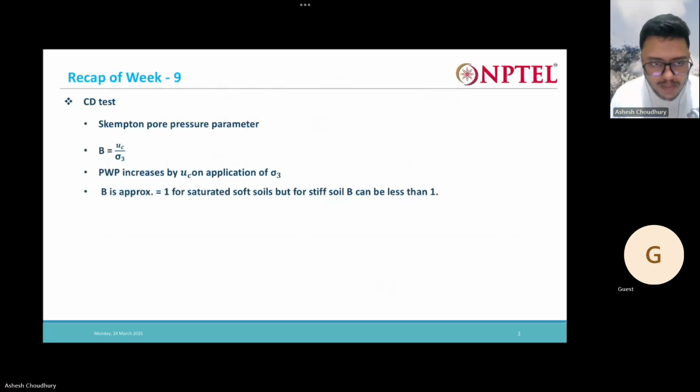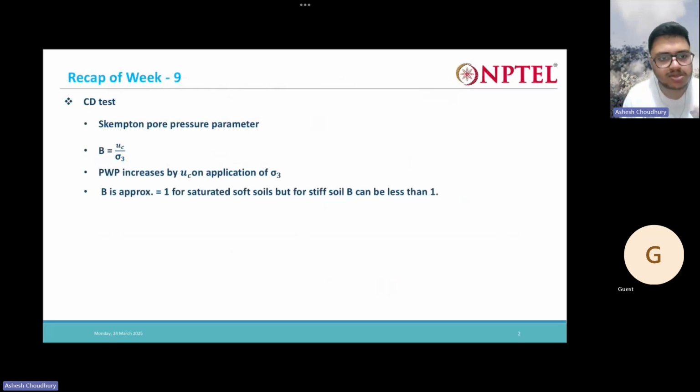When you apply the confining stress, what happens? As the soil is saturated, there will be an increase in the pore water pressure too. As you increase the confining stress, there will be an increase in pore water pressure.